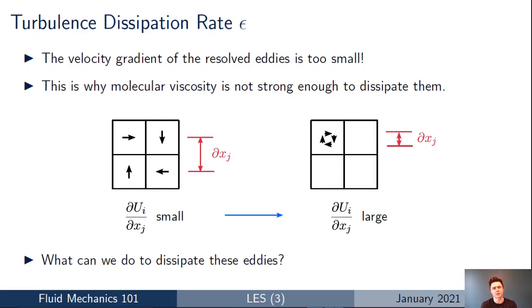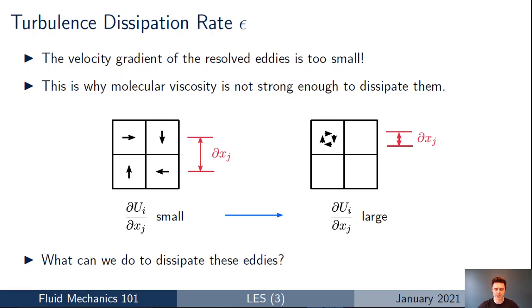So now we've thought a little bit about turbulent dissipation rate and how we dissipate eddies. Let's jump back now to think about our LES simulation. And remember, we've got the problem of those eddies which are just larger than the grid size, the cell size, and we need to find a way of removing these eddies from the flow.